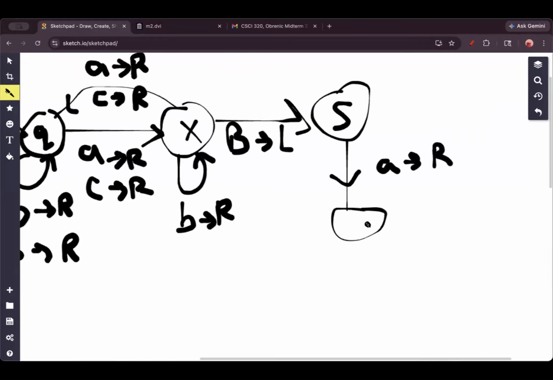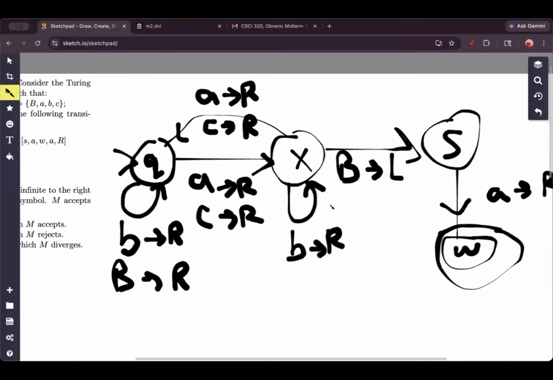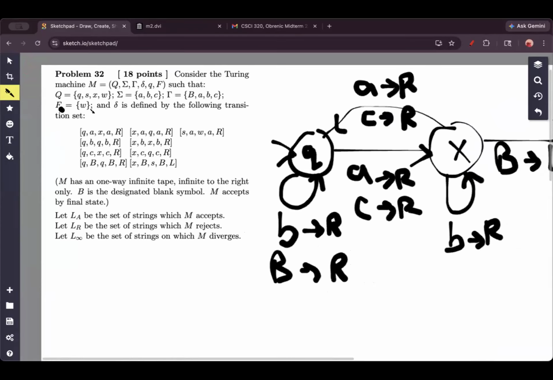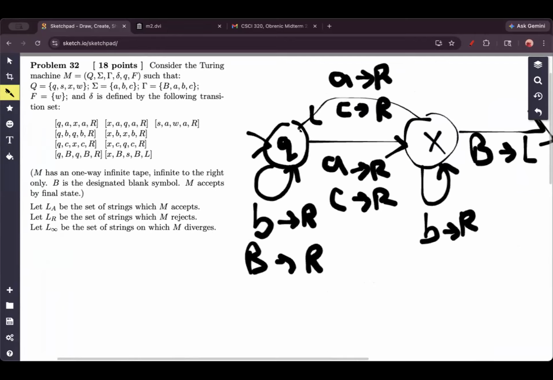In state W, I'm pretty sure W is the final state. Let me check. Yep. So F signifies the final state. So when you reach F, it basically means that your automaton will accept your input string, right?